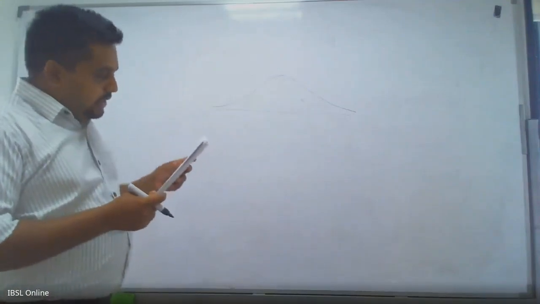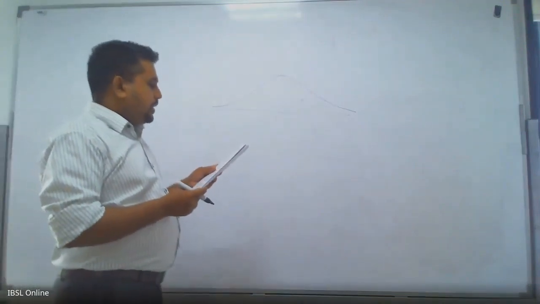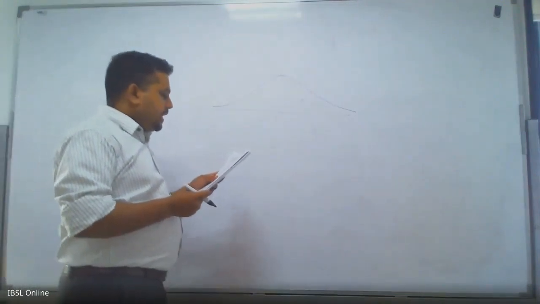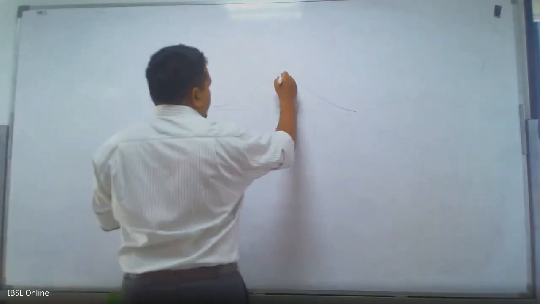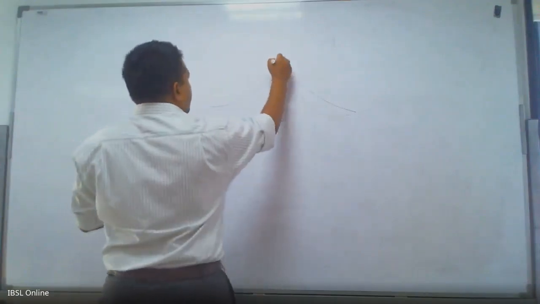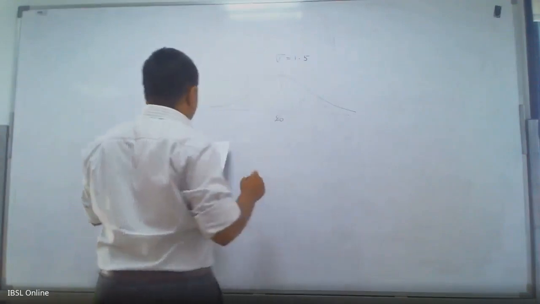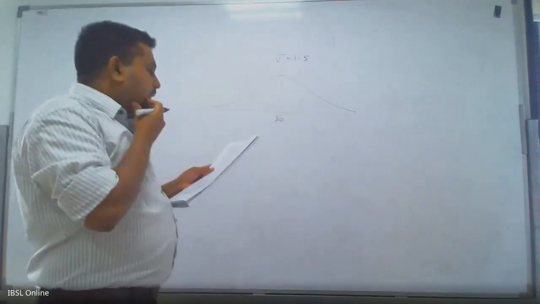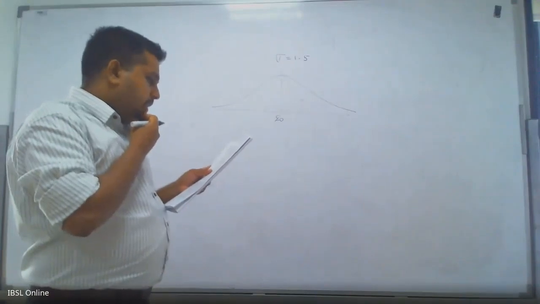The set yogurt is normally distributed with a mean of 80 grams and a standard deviation of 1.5 grams. Okay, the mean I can plot here as 80 and the standard deviation as 1.5 grams. That's all given on the set yogurt machine.